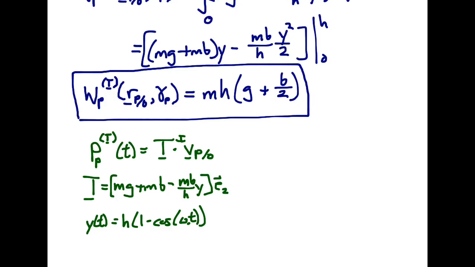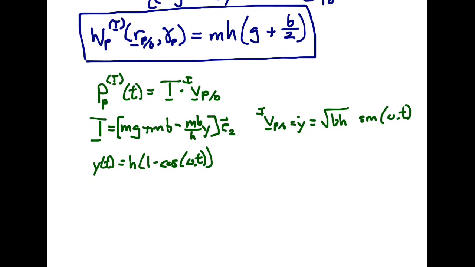We already have our velocity of p with respect to o, which we said is y dot, and we've solved for y dot, and so y dot is equal to the square root of b times h multiplied times the sine of omega naught t.